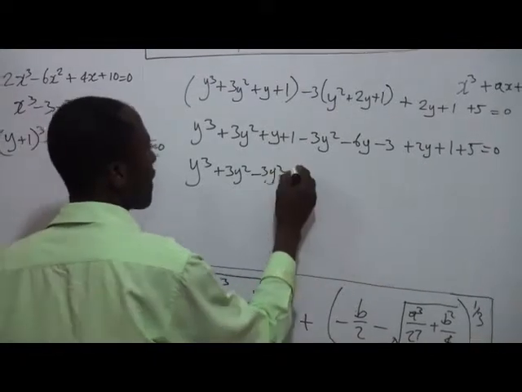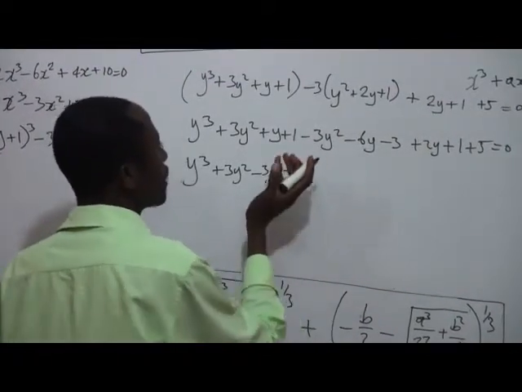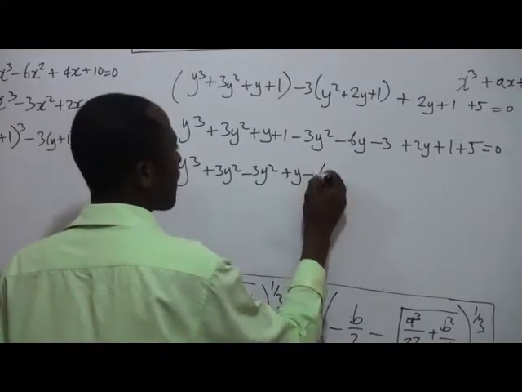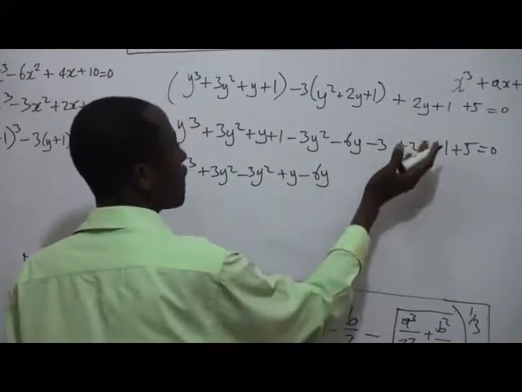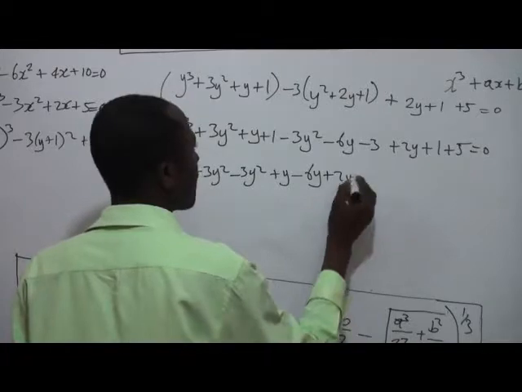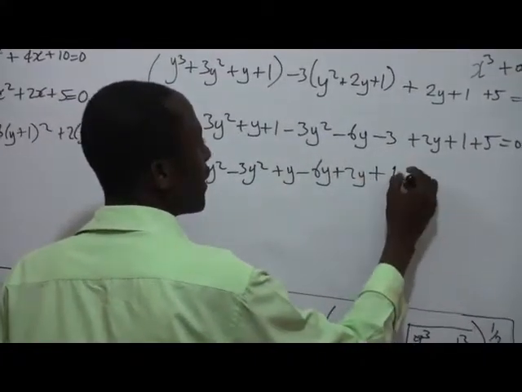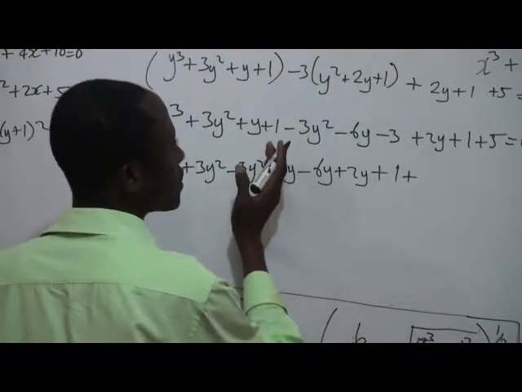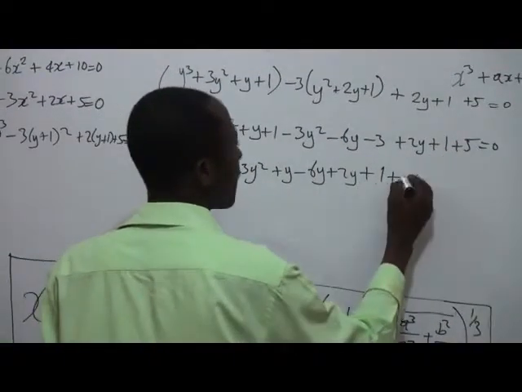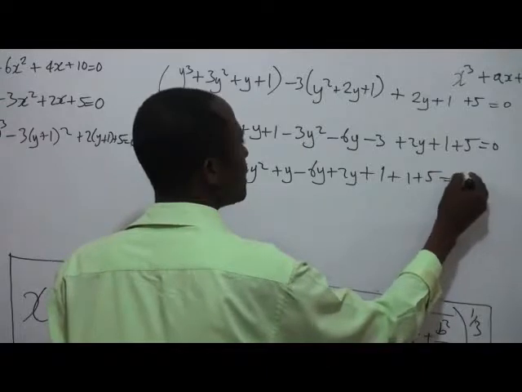Also, we have y, we have negative 6y, we have plus 2y. We also have 1, and then plus 1 plus 5 gives us 0.